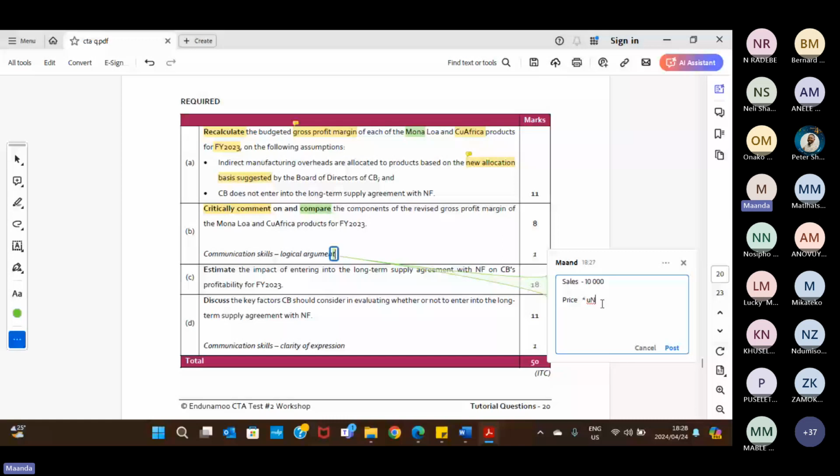So by critically reviewing or critically commenting, it means that I need to take my sale and break it down, and if I have the price I can go further and break down the price. If I have the units, I break down the units further.